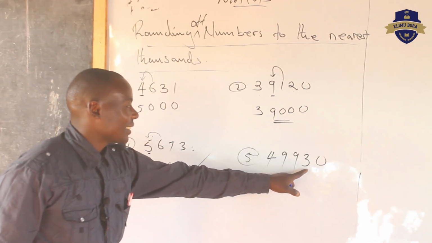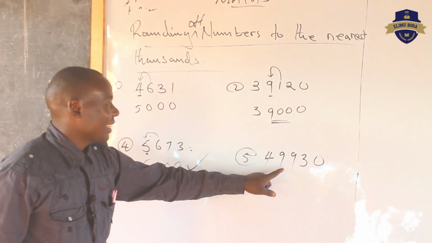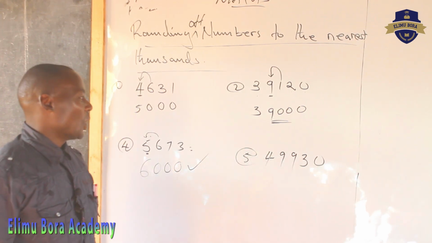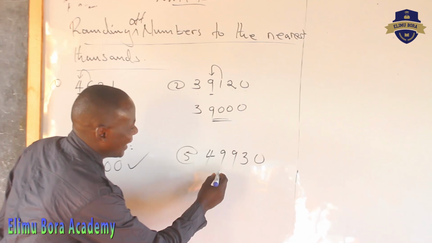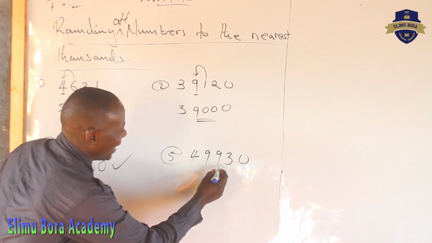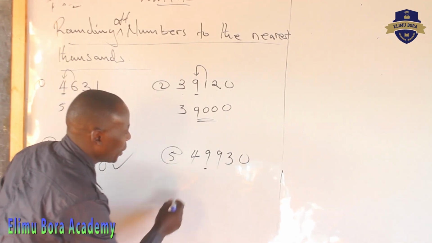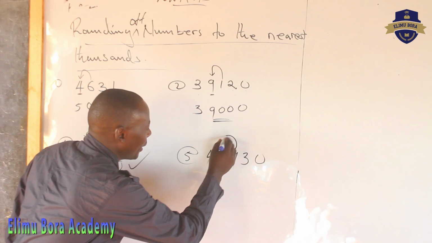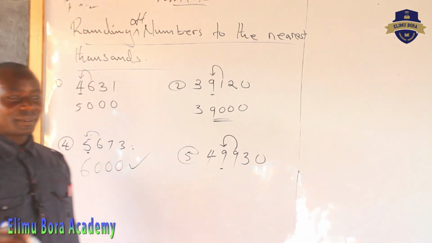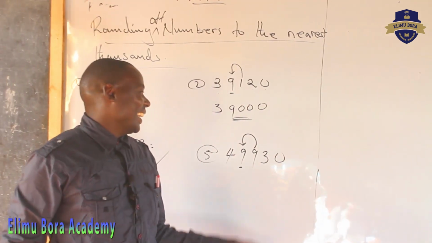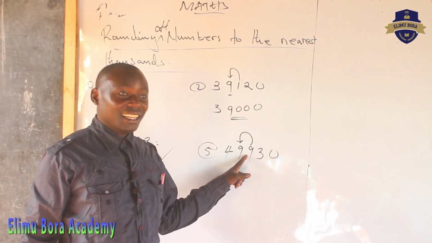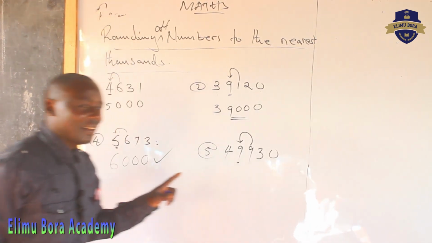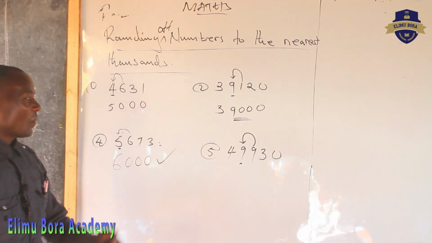Ones, tens, hundreds, thousands, ten thousands. So our case is 1,000. That is ones, tens, hundreds, thousands. This one. So we consider which number? That number. Is this greater than 5? Yes. So we carry 1.